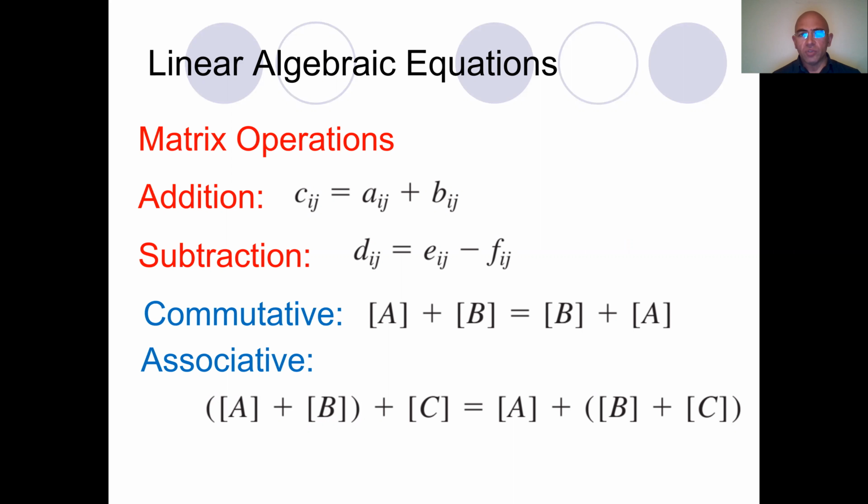What are the properties of matrices? Matrix operations are quite important for us because we will heavily use these operations in our computations. We generally use matrix algebra and matrix operations. For example, addition. Let's consider that we have two matrices, A and B. The member at the ith row and jth column will be summed with the corresponding member in the other matrix.